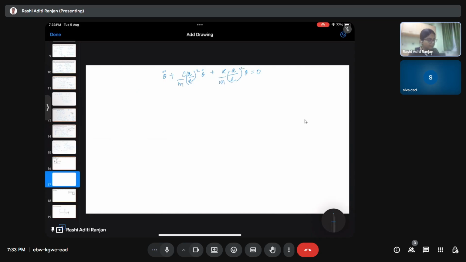Okay? Now, instead of using this equation, if I use this equation, m theta double dot plus c a by L square theta dot plus k a by L square theta is equal to 0.